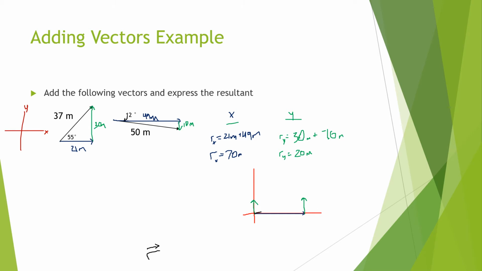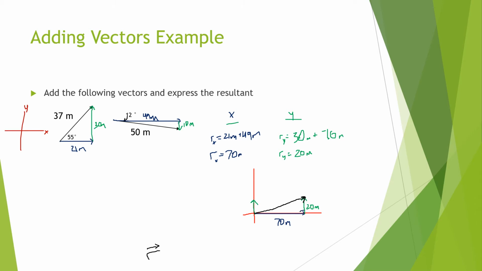And my overall vector is the resultant, which I get from starting at the origin and going to the tip of the second vector. We'll go ahead and label my components, y component 20 meters and x component 70 meters. And it does form a right angle.